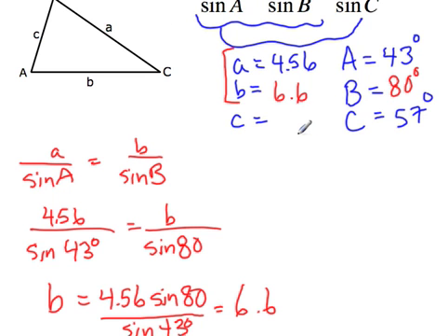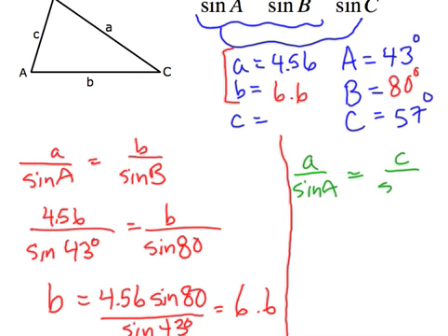So the only thing I'm missing is C. So let's do C right here beside. Since I'm looking for C, I have to always use two of these. Let's use A and C. I'm using A just in case I got B wrong for some crazy reason. I'm going to use A, those numbers I know from the question, and I'll use C. So A over sine A is equal to C over sine C. A is 4.56.